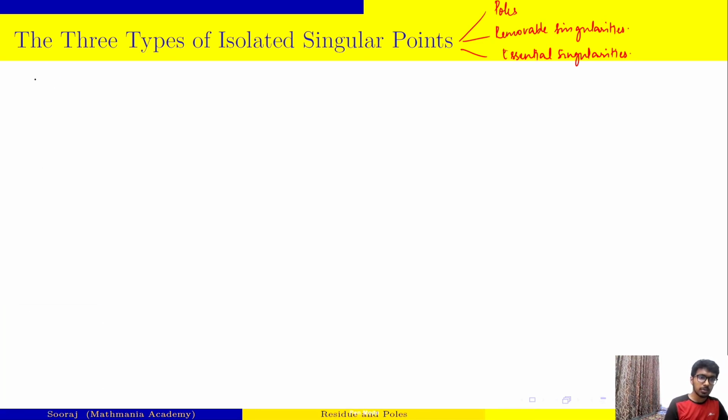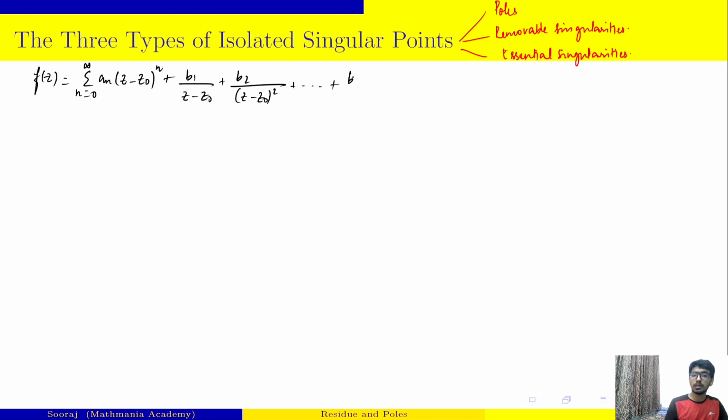So the Laurent series expansion is of this form: summation n runs from 0 to infinity a_n (z minus z naught) to the power n, plus b1 upon z minus z naught, plus b2 upon (z minus z naught) whole squared, etc., till b_n upon (z minus z naught) to the power n, and it goes like this, in the punctured disk 0 less than absolute value of z minus z naught less than some r2.